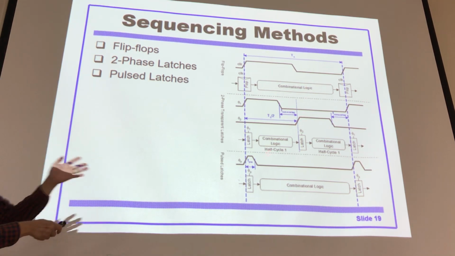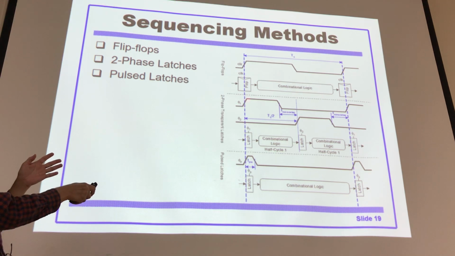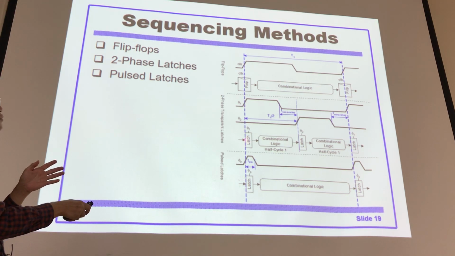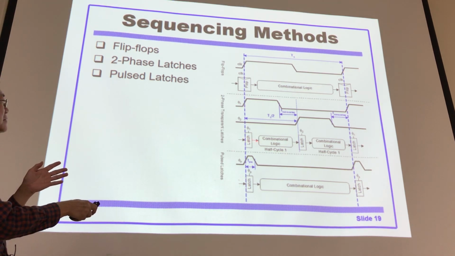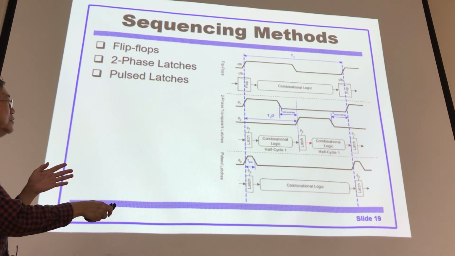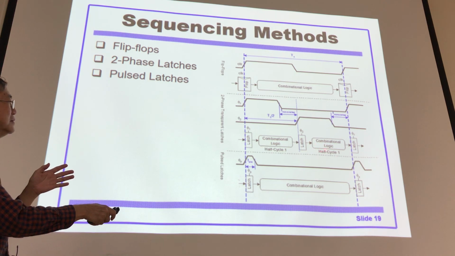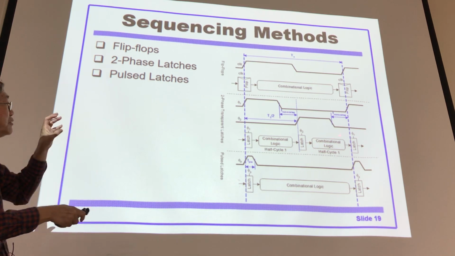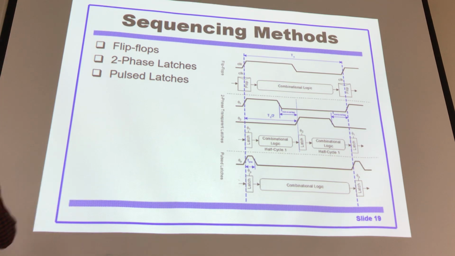So in the first half, phi 1 goes up, you get a new value after some delay, you go through the combinational circuit, waiting for phi 2 to go up, the rising edge. And after that edge, you go through another combinational logic. So you can imagine that this combinational logic will be divided into two halves.